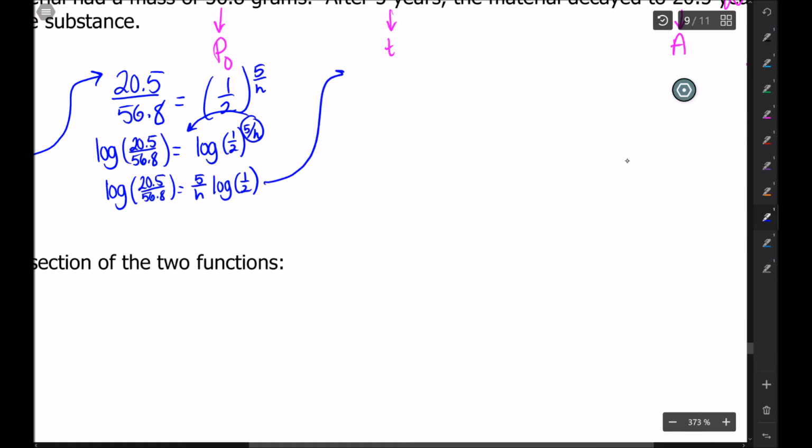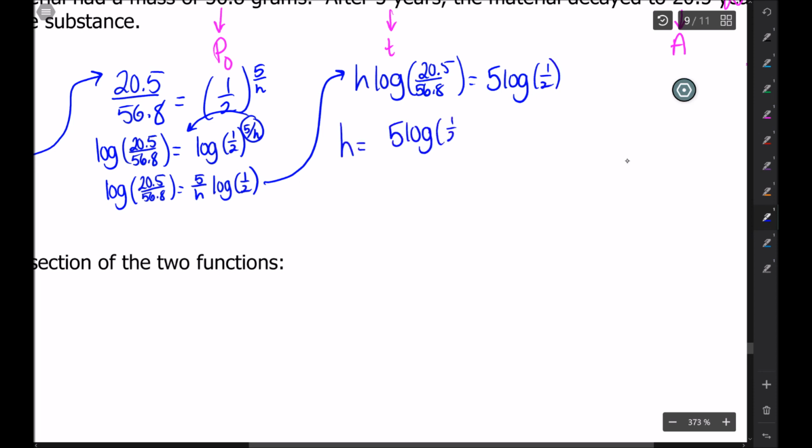So now I need to get this h out of this denominator, so I'm going to multiply both sides by h. So I get h log of 20.5 over 56.8 is equal to 5 log of 1/2. And then to get the h alone, I'm just going to divide both sides by log of 20.5 over 56.8. And then I'm going to go right into Desmos and type in that value.